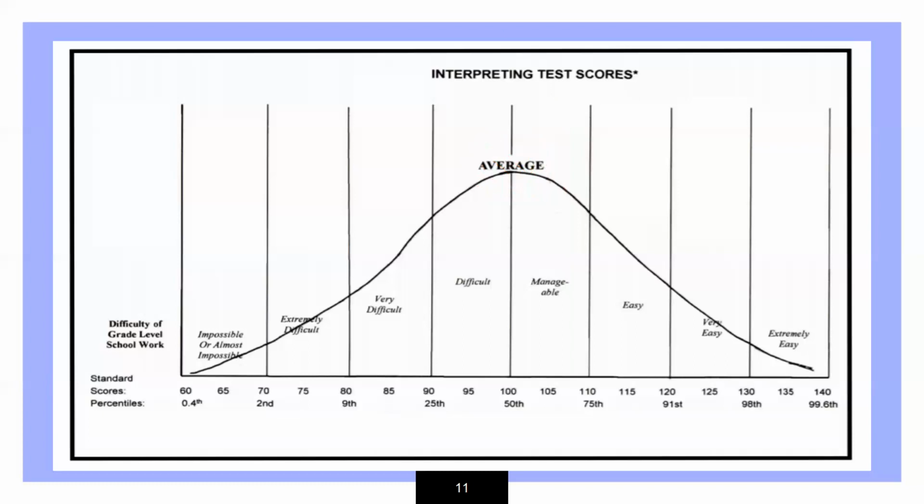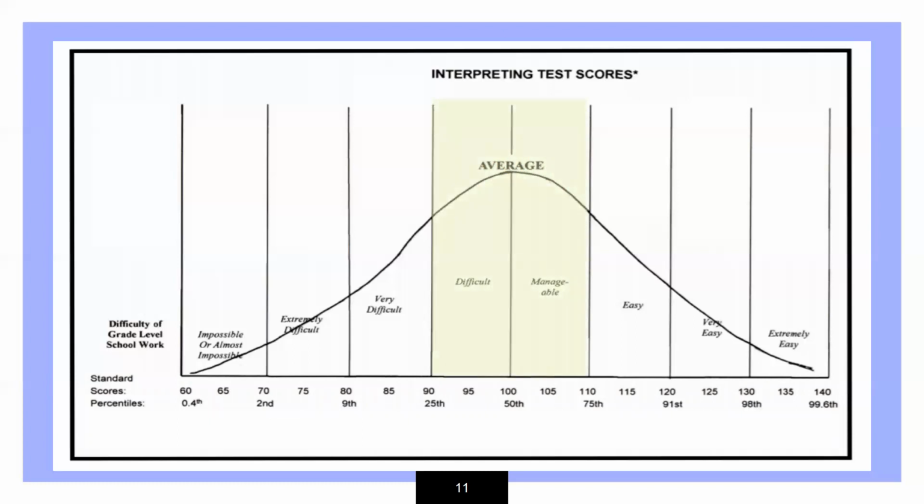So now you can see on the bottom of our bell curve that I've gone ahead and added both scores in that I talked about. So we have our standard scores and we have our percentile scores. And I want to take a closer look at our average range.